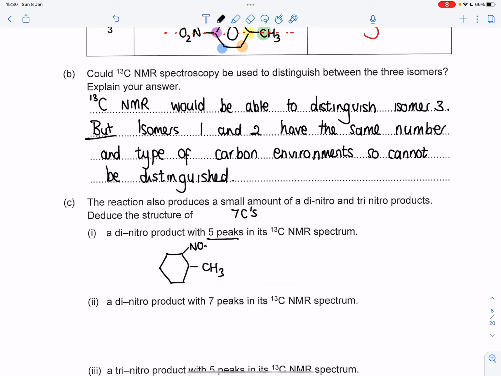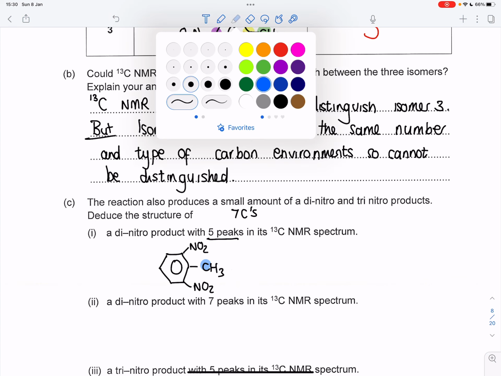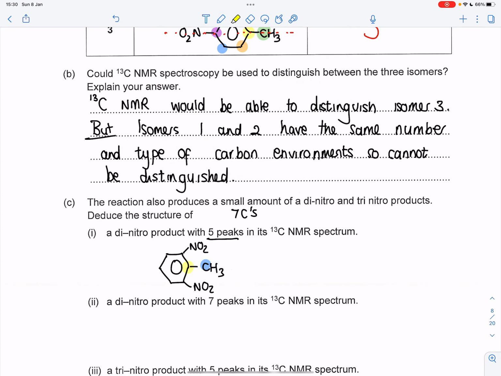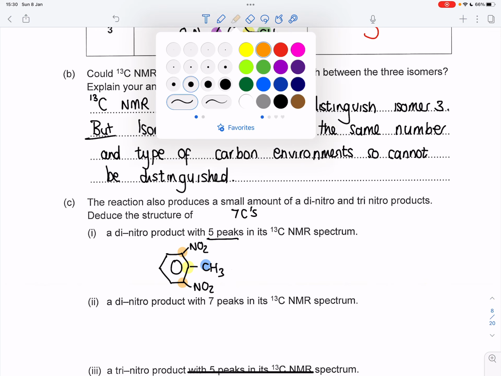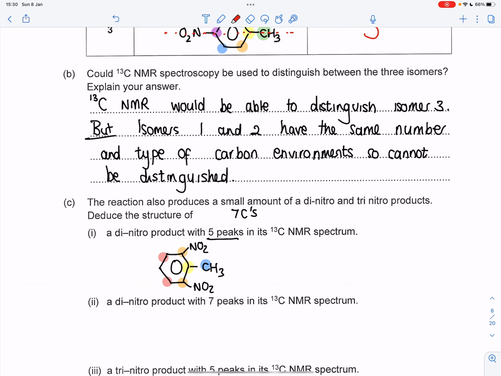So if we put one here, we'd have to put one here. If we do that, we will end up with 1 for the CH3, 1 for the C next to the CH3, and then these 2 will be identical, these 2 will be identical, and that one will be different. And that would be 5 peaks.